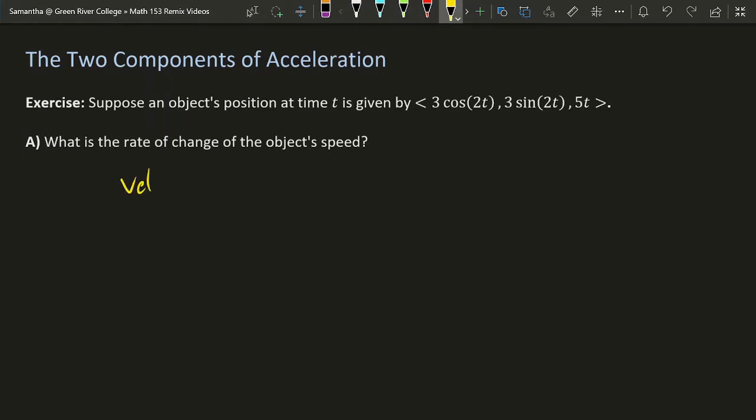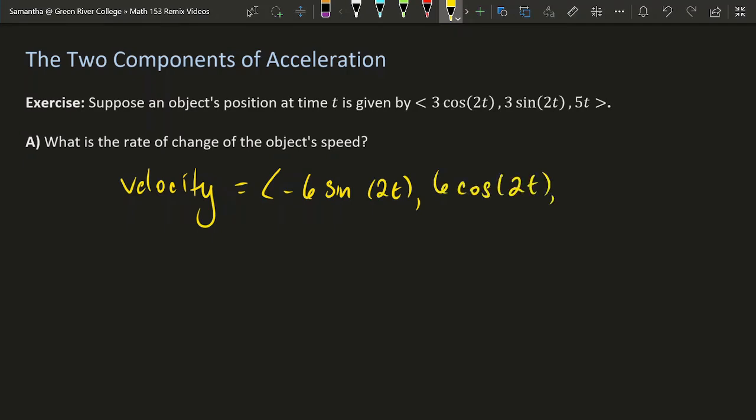To that end, I'm going to start by finding the velocity of this object, calculating the first derivative: negative 6 sine of 2t, 6 cosine of 2t, and 5t becomes 5.